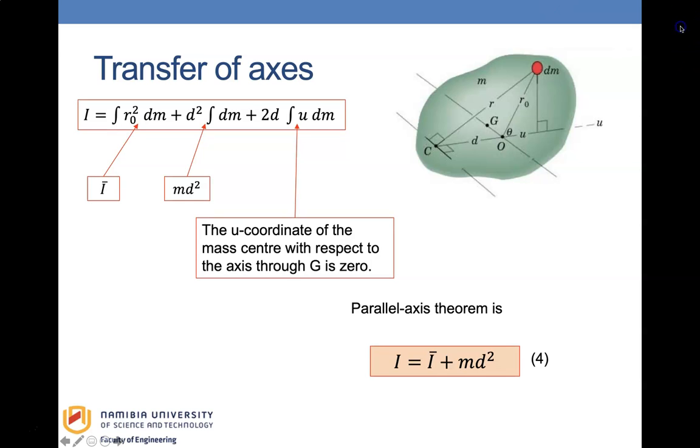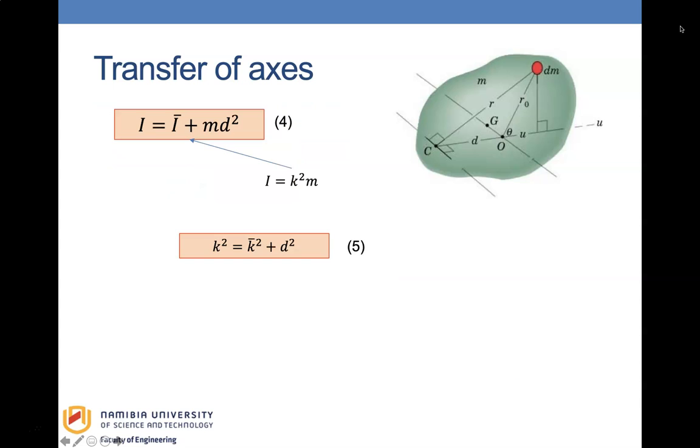When we substitute the radii of gyration into equation 4, we get equation 5, which is the parallel axis theorem for obtaining the radius of gyration k about an axis that is a distance d from the axis through the mass center G.